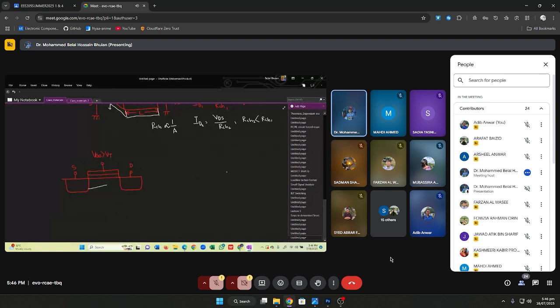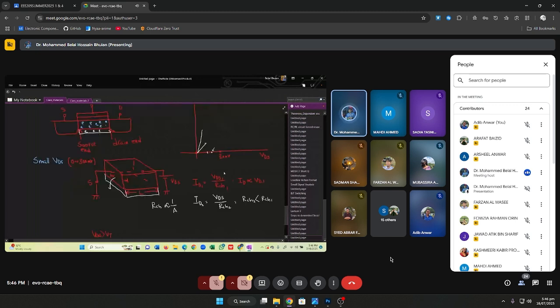At the source end, the channel depth will remain the same, but at the drain end, the channel depth will taper off. It will no longer stay uniform and will gradually decrease, like this. In that case, the current is going to increase.